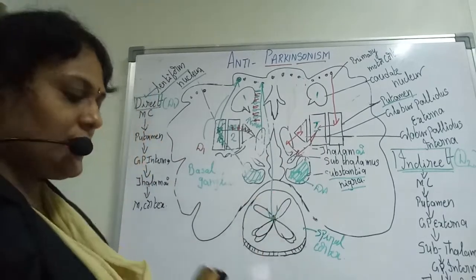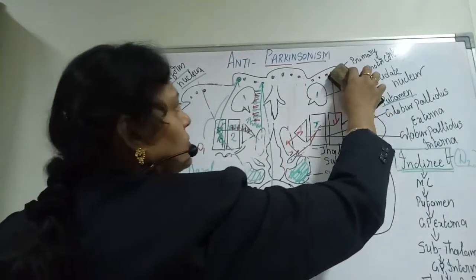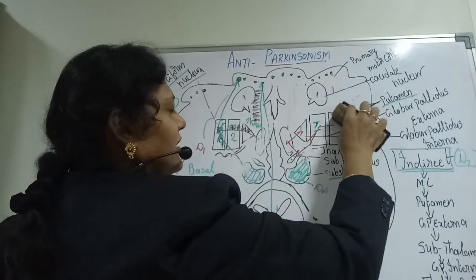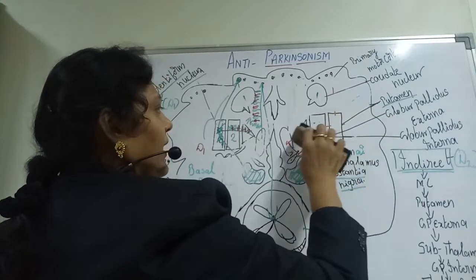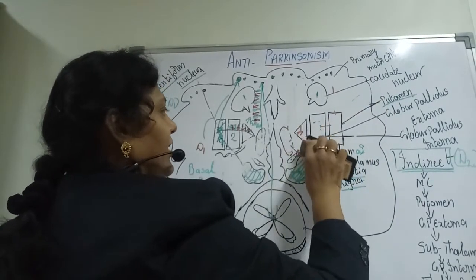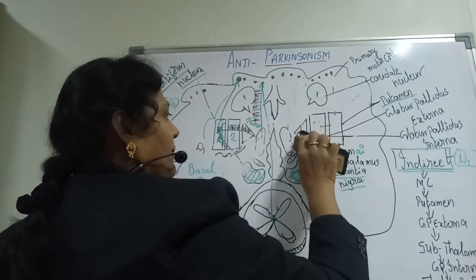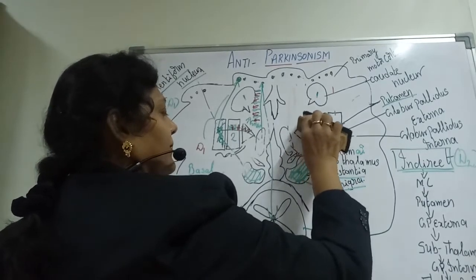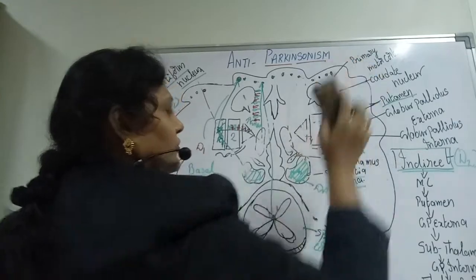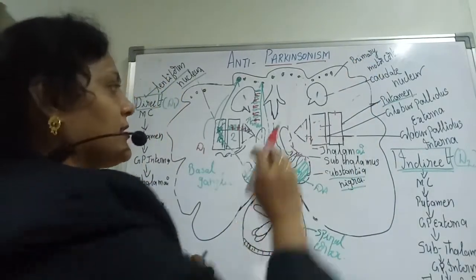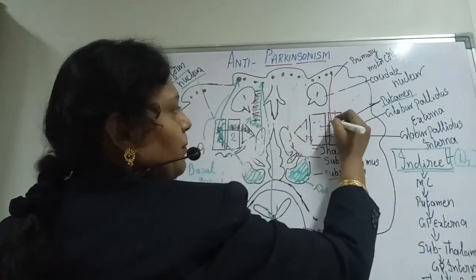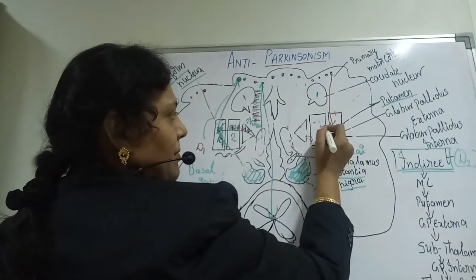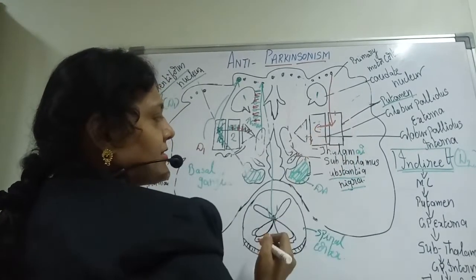If you are confused, just one second, I want to repeat so that you won't have any confusion. The red lines indicate the passageway from the primary cortex to the top. The primary cortex sends the message to the putamen. From the putamen it reaches the globus pallidus externa.